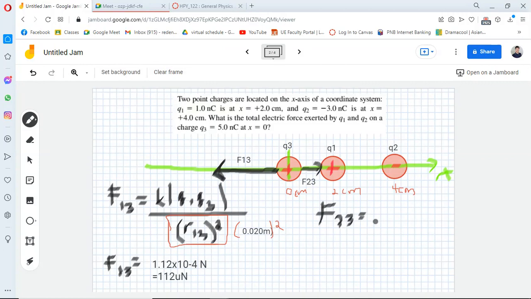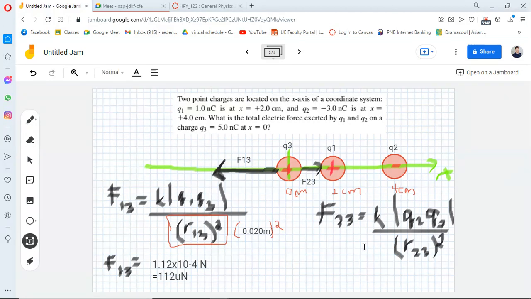Okay? That is why you have here F23 is equivalent now to K. So you have K multiplied by the absolute value of Q2, and then you have Q3 divided by the separation distance R23 squared. So, ang gagamitin mo dito sa part na ito para kay R23 is 0.040 meters. Tama, no?